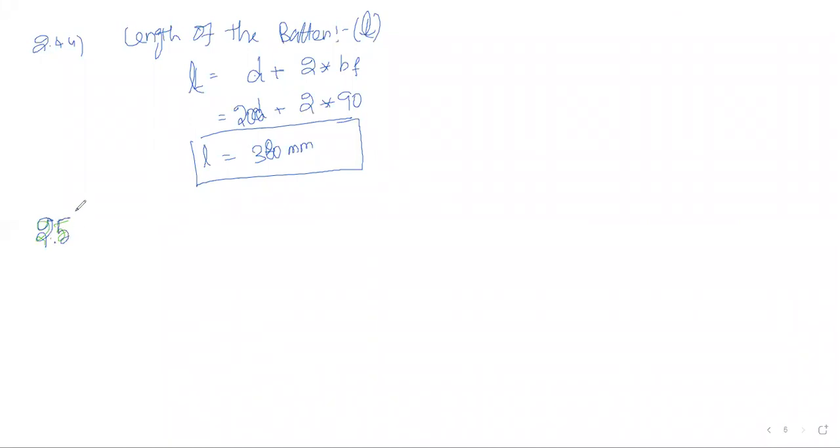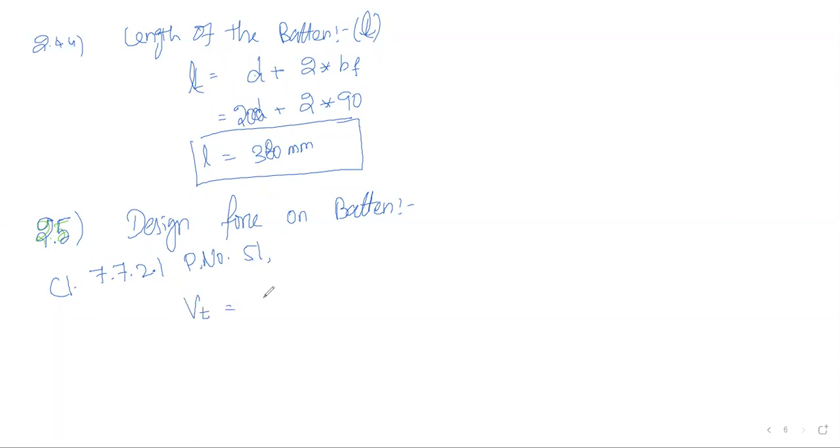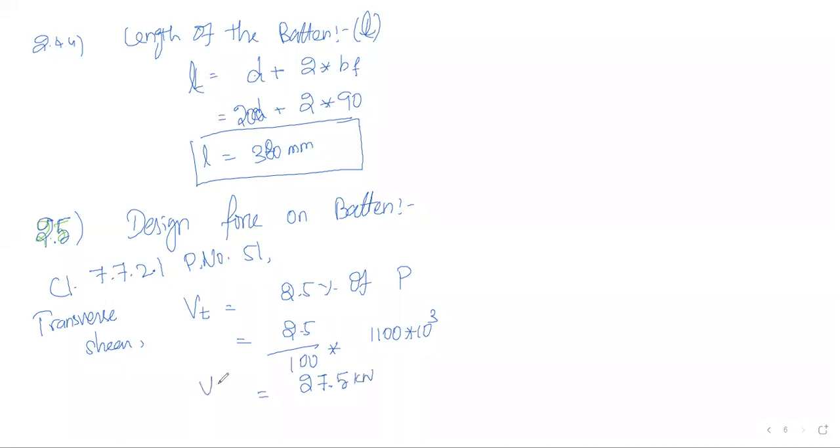We know from clause 7.7.2.1, page number 51, that Vt, the transverse shear, is equal to 2.5 percent of the axial force P. So 2.5 divided by 100 into the axial force, 1100 into 10 cube, and the answer becomes 27.5 kilonewton, the Vt value.